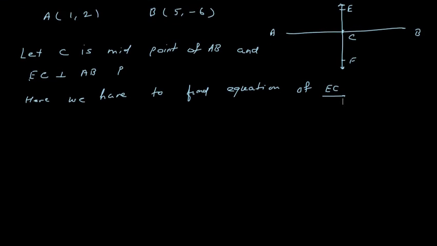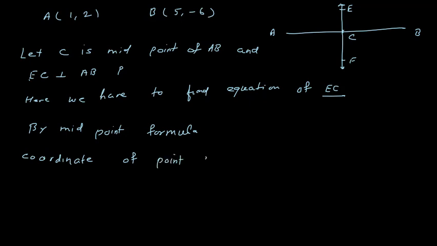Now first you will find the coordinate of point C. C is the midpoint, therefore coordinate of point C is, by midpoint formula, the coordinate of A is 1, 2 and B is 5 minus 6, so it is 1 plus 5 divided by 2 comma 2 minus 6 divided by 2.